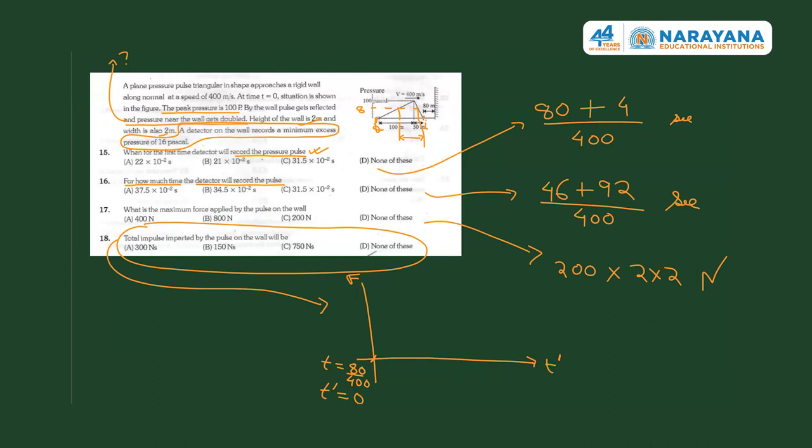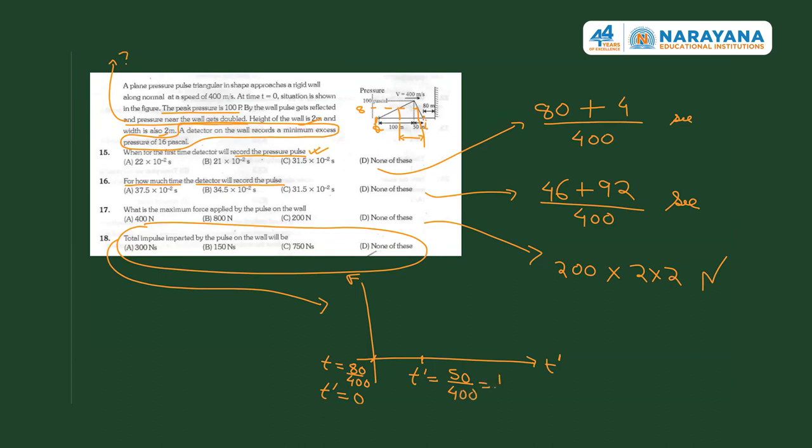Now what happens? With respect to distance x, it's a linear pressure pulse, and x and time are directly proportional because the wave is moving with a constant velocity. So with respect to time also, it will be linearly proportional, and over a period of 50 meters, t prime will be equal to 50 divided by the speed 400.